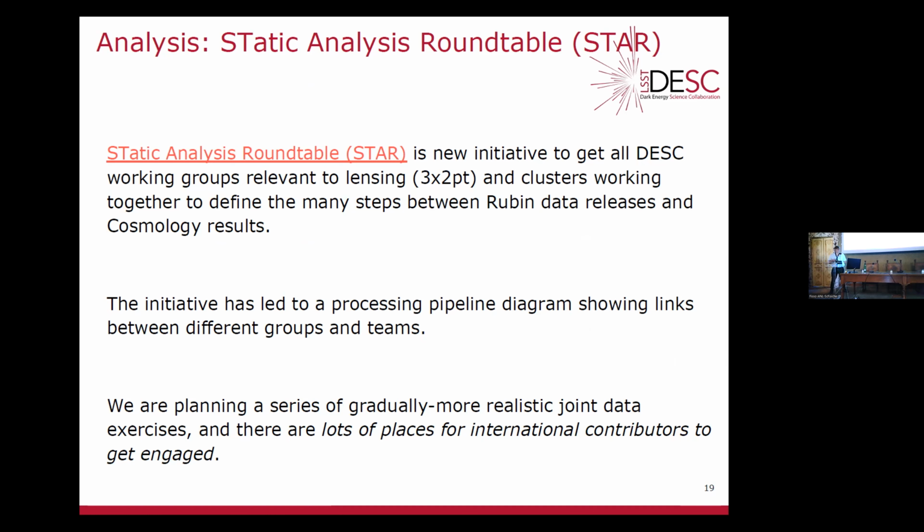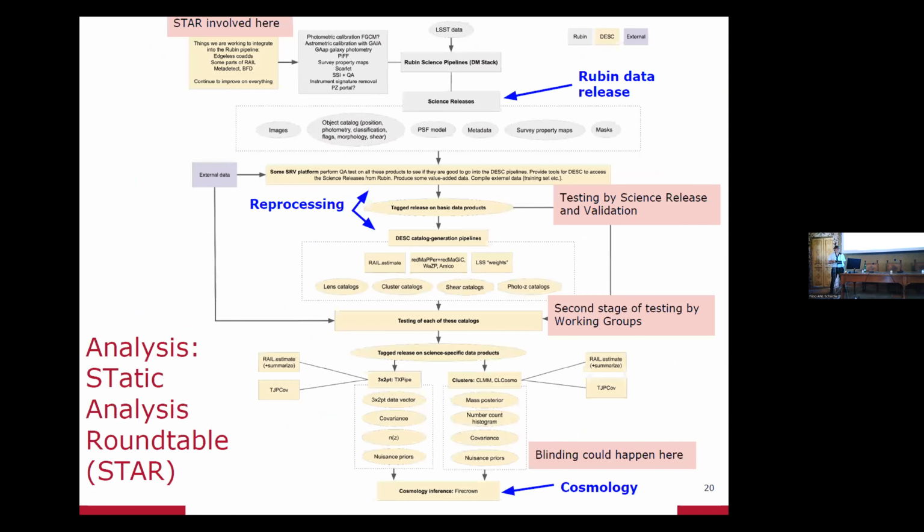Especially during the last meeting in Chicago, there was a lot of discussion around that, and at least for me, it was a real pleasure to see that all the pieces are coming together, and that we are very close to having a pipeline for cosmology analysis which is working.